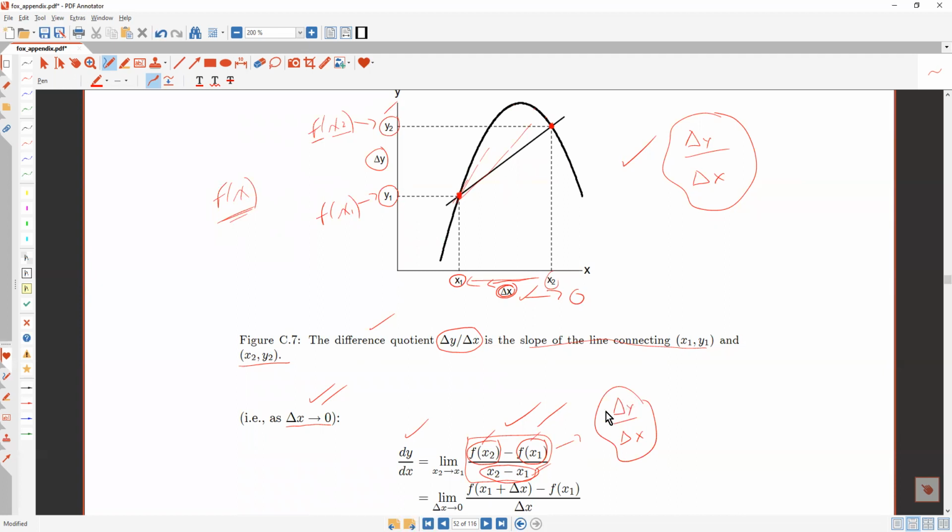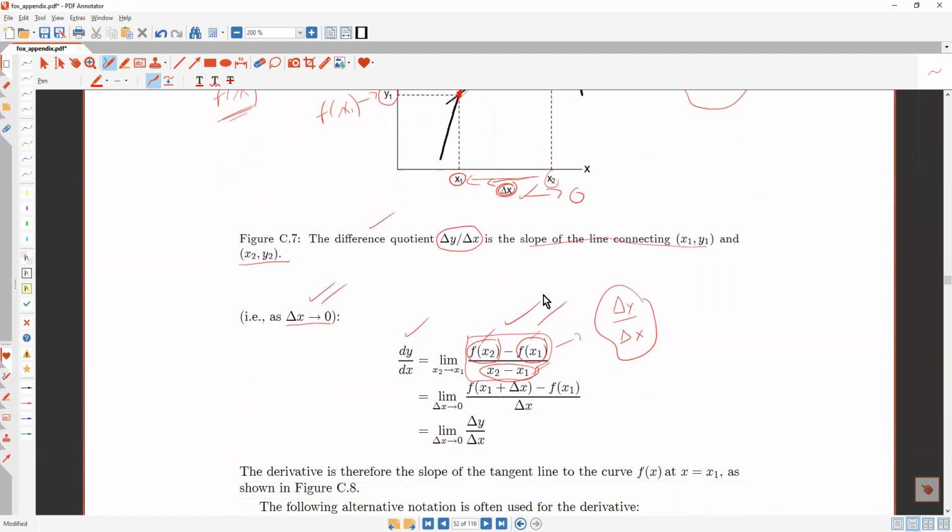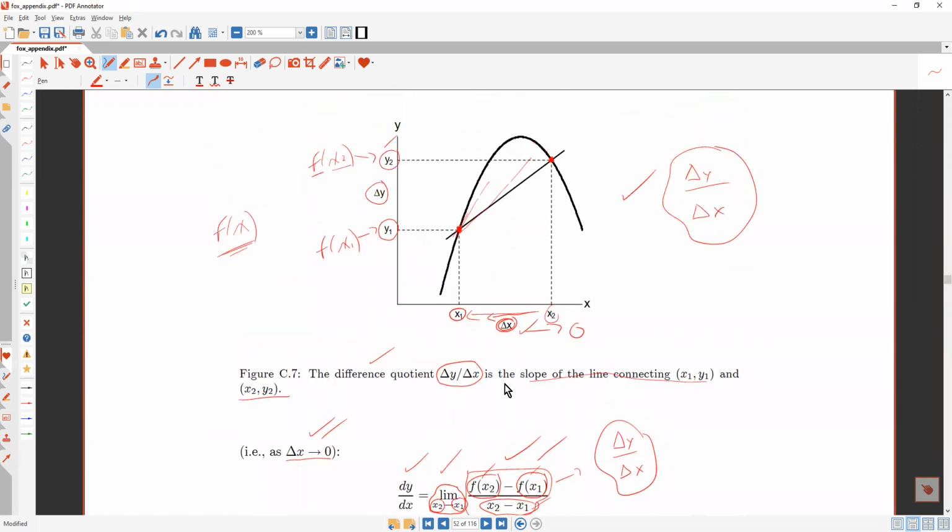Nothing too groundbreaking. Where's the groundbreaking idea? Well, the groundbreaking idea is when we invoke the limit concept, and there it is. What does this statement say? Well, this says as x2 goes towards x1, right? As x2 goes towards x1. And that's exactly what we've been talking about.